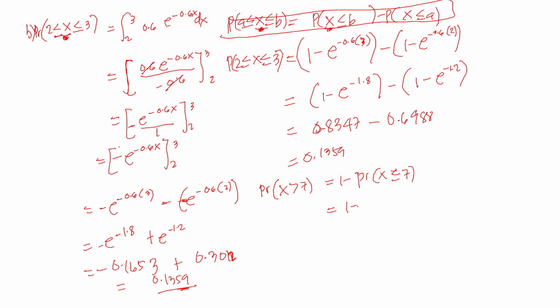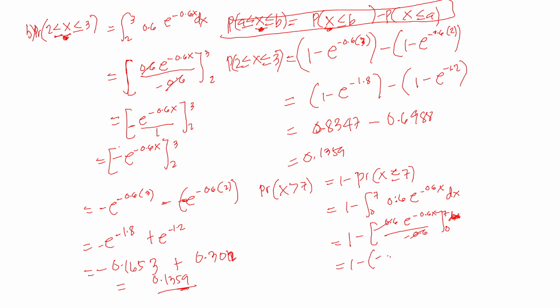So that's equal to 1 minus the integral from 0 to 7 of 0.6 e raised to negative 0.6x dx. We have to integrate now. So this is 0.6 e raised to negative 0.6x over negative 0.6, from 0 to 7.